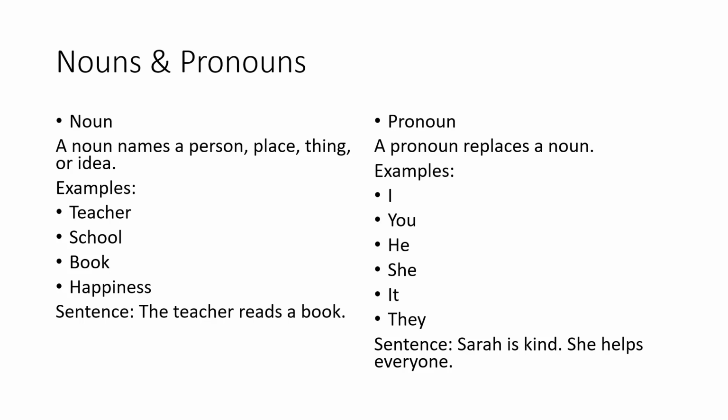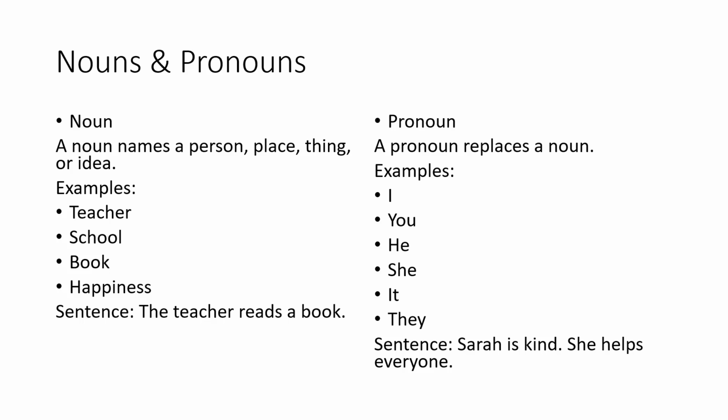Noun and pronoun. A noun is the name of a person, a place, a thing, or idea. Basically, the main subject or the main object that the sentence is describing. Examples of which are teacher, school, book, happiness.